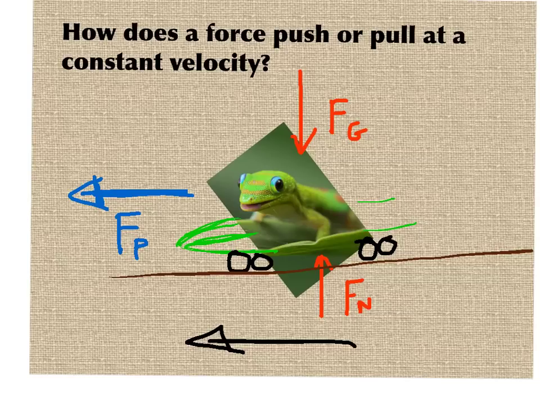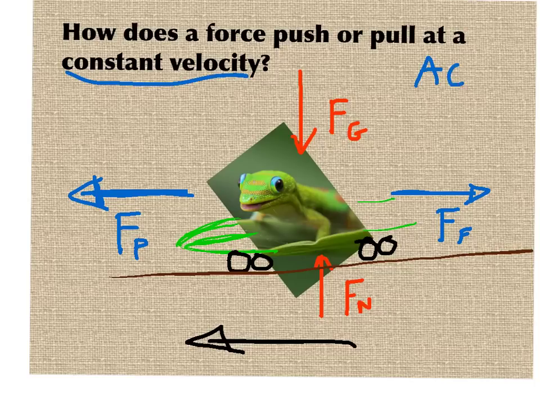We don't put all sorts of little subscripts here, but force of the pull is what we're calling this one. And then there's also the force of rolling friction. So we'll call this F sub F, force of friction. So how does a force push or pull at a constant velocity? Well, constant velocity means acceleration equals 0.